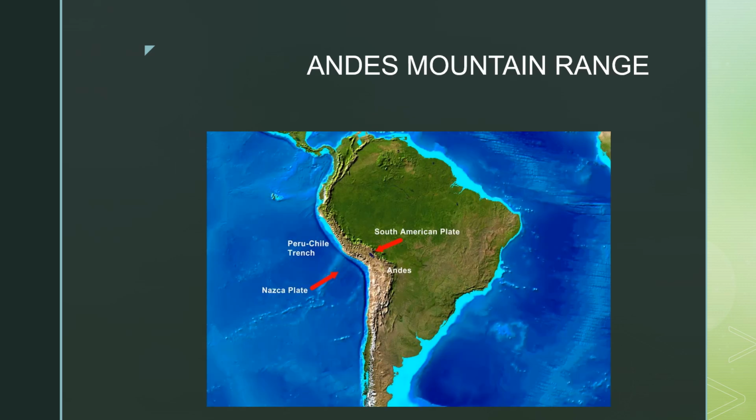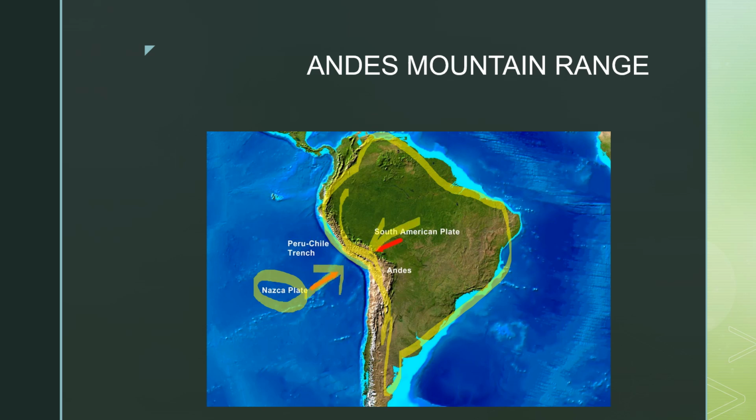An example of this is the Andes mountain range. So we have this South American plate, which is a continental plate. The other one is the Nazca plate. The Nazca plate is oceanic in nature. So both of these plates start colliding, converging into each other.